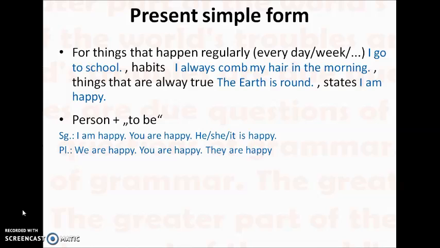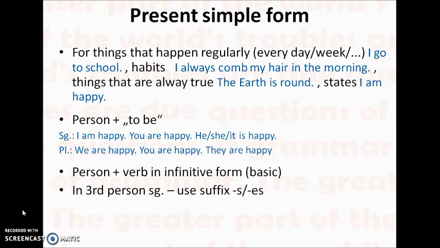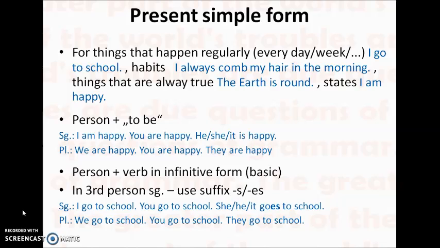Or we can use other verbs in the infinitive form, which is the basic form, where in third person singular, so with he, she, it, we use suffix s or es with the verb, such as in I go to school, you go to school, she, he, it goes to school, we go to school, you go to school, and they go to school.